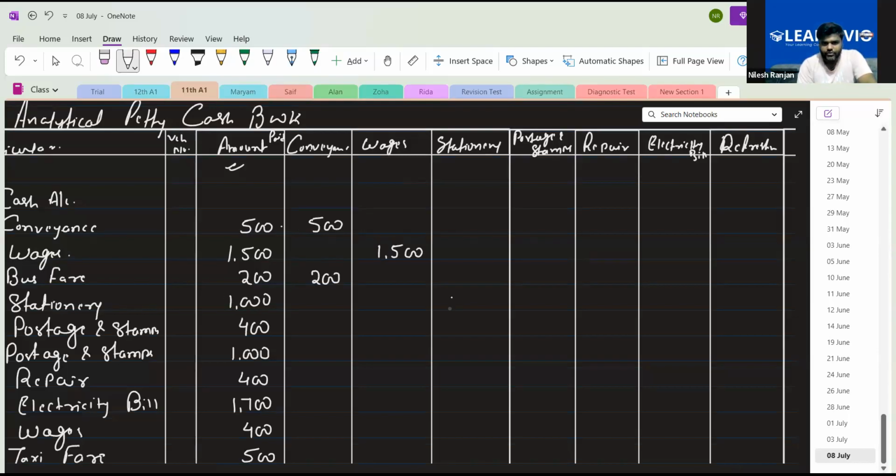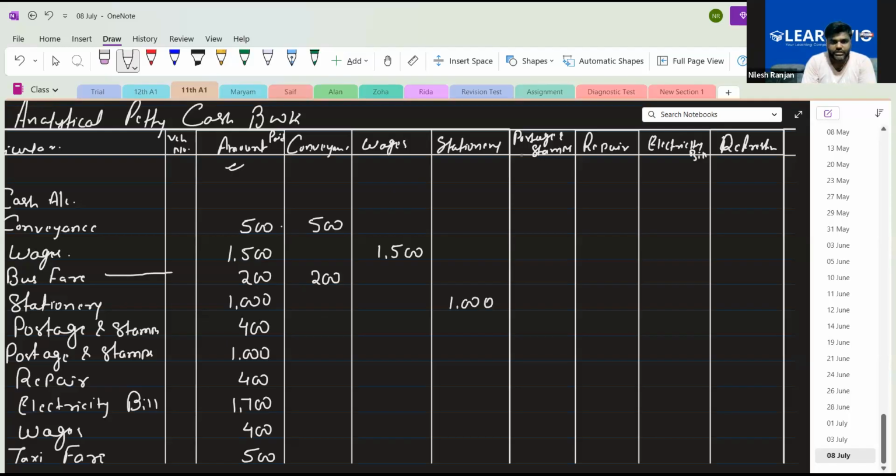Stationery 1000. You have to see the separate column is for every item. So whatever your item is, like conveyance is here. So in this line, in the conveyance column, you will write. You have to match both the row and the column. You have to match these two.